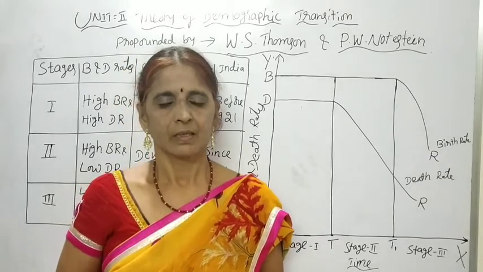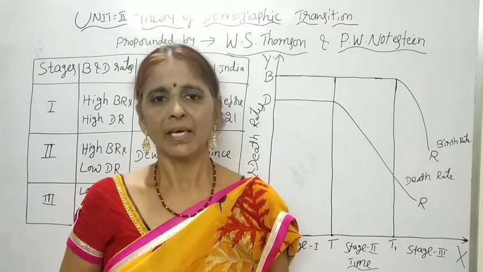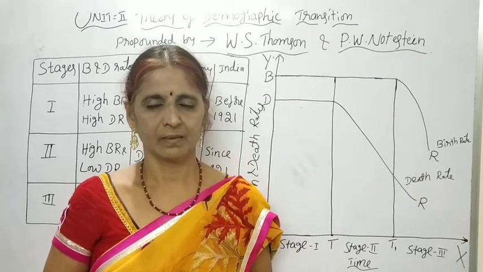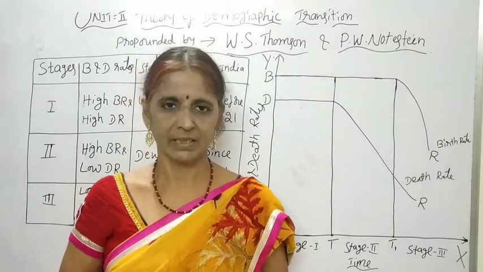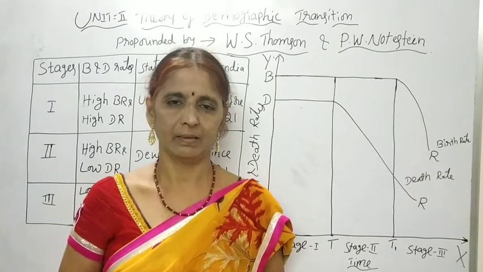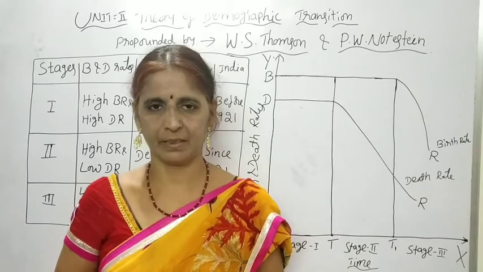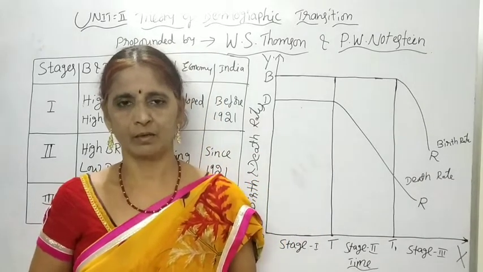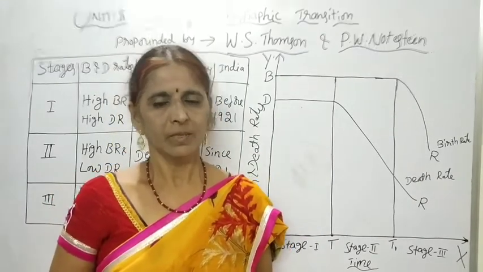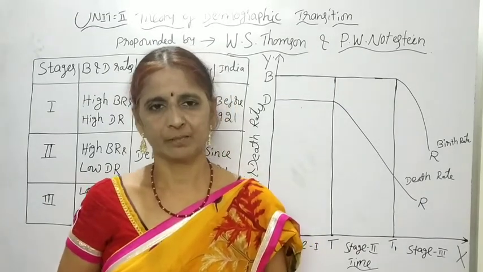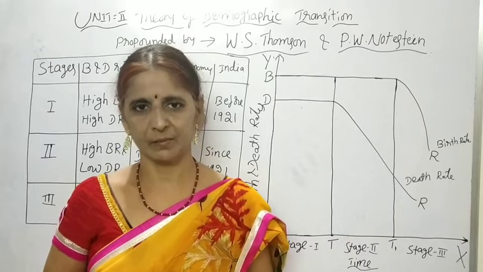Children, comparing to all the resources, human resources play an important role in deciding the economic development or economic welfare of an economy. Why? Because human resources play a significant role in production as well as in consumption.